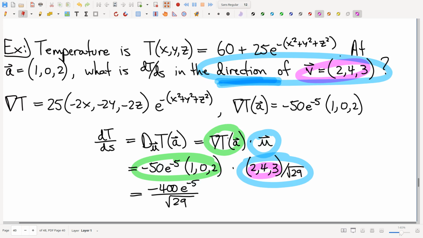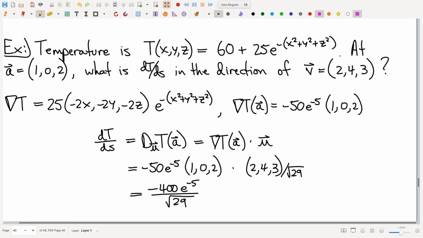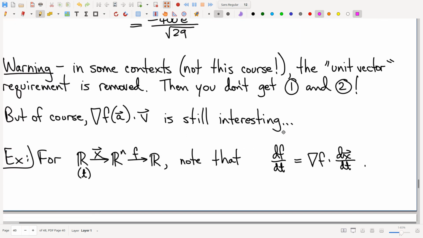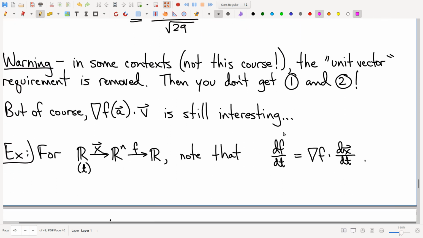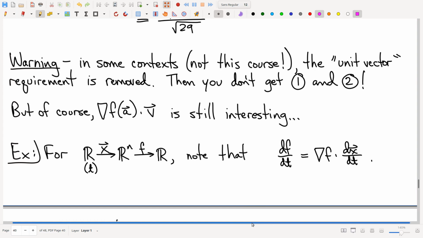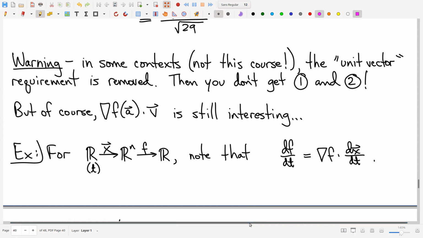All right. Here is an unfortunate cultural point. There is not uniform agreement in STEM communities on what the term directional derivative means. Different people interpret the term in different ways.